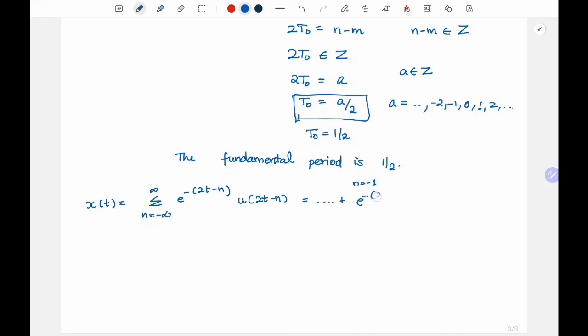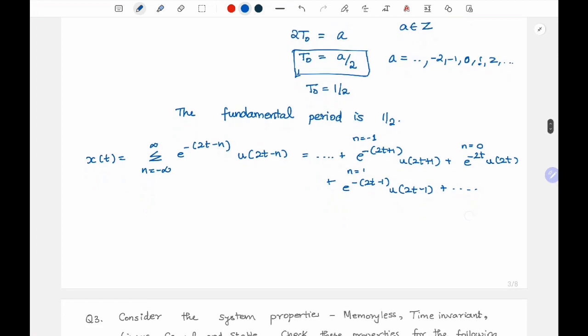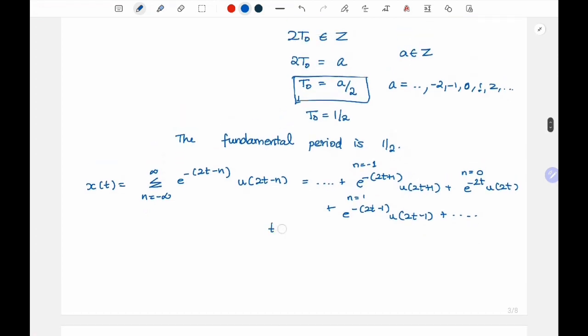It will be e power minus 2t plus 1, u of 2t plus 1, correct? And for n equal to 0, it is e power minus 2t, u of 2t. And for n equal to 1, it is e power minus 2t minus 1, u of 2t minus 1, and so on, right?